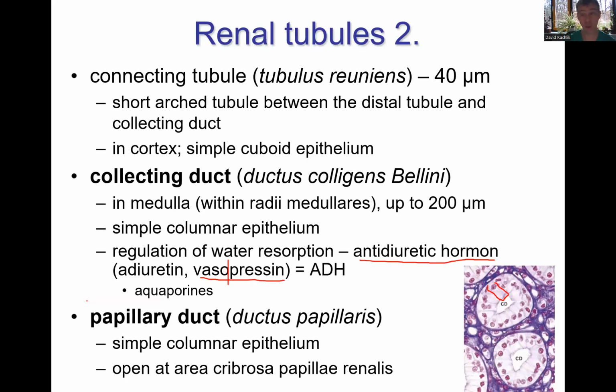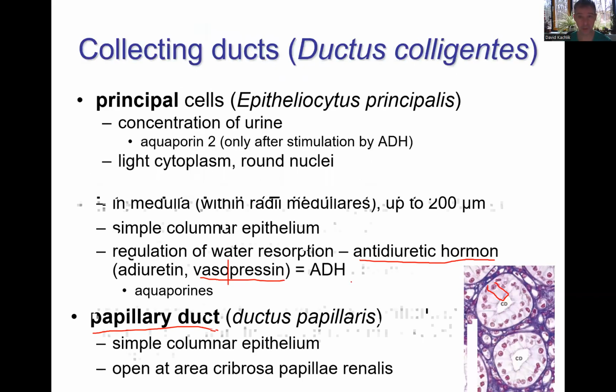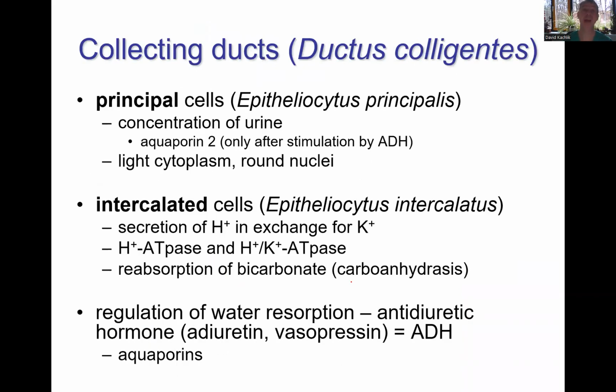These collecting ducts then continue into the internal zone of the medulla, and are then joined into so-called papillary ducts. They are lined again with simple columnar epithelium, and they just open at the cribriform area of the renal papilla. So that's all for the renal tubules.